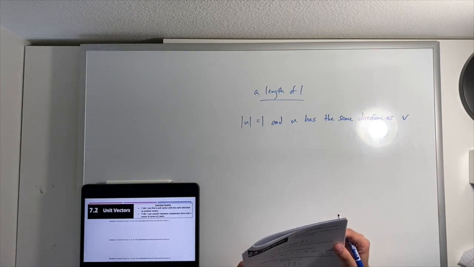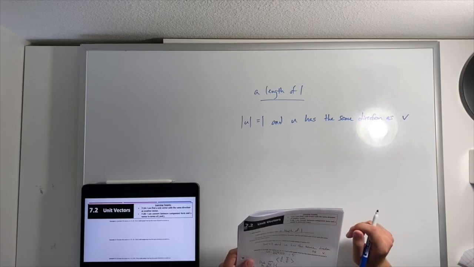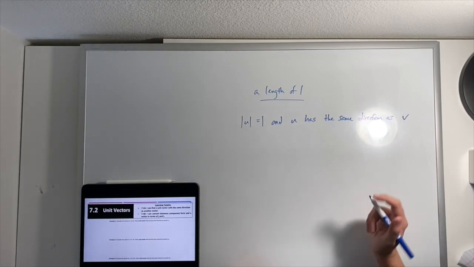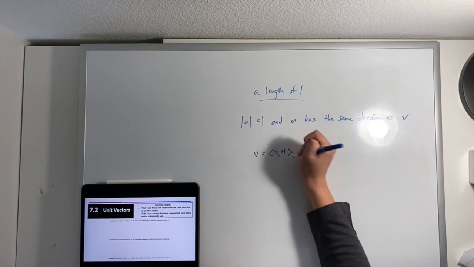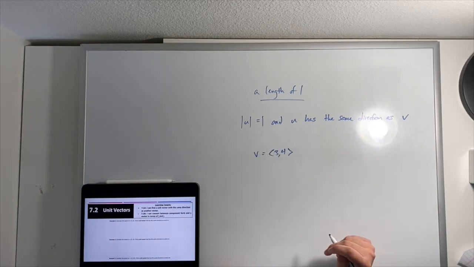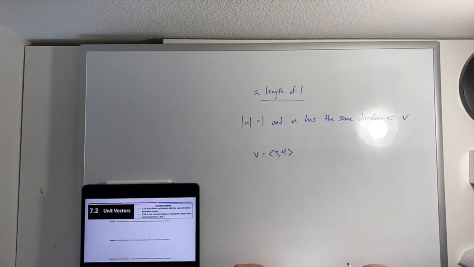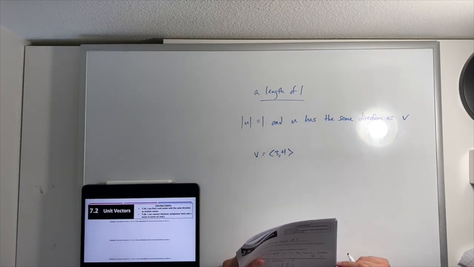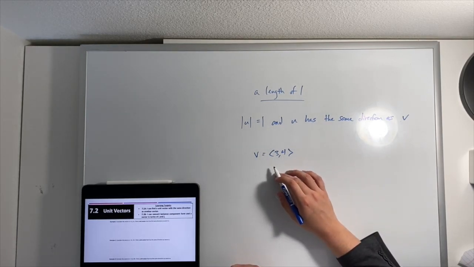Let's look at some examples now. Example 1, consider the vector v equals <3, 4>. Find a unit vector that has the same direction as vector v. It's going to be a little tricky here, but hopefully you can follow along with what I'm about to do.